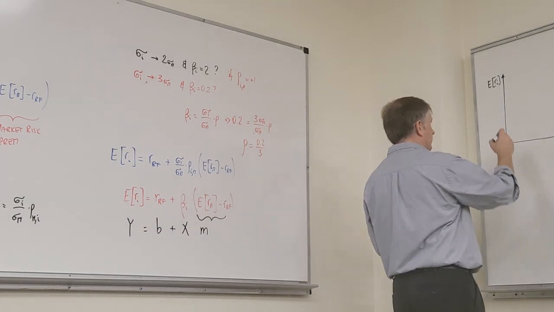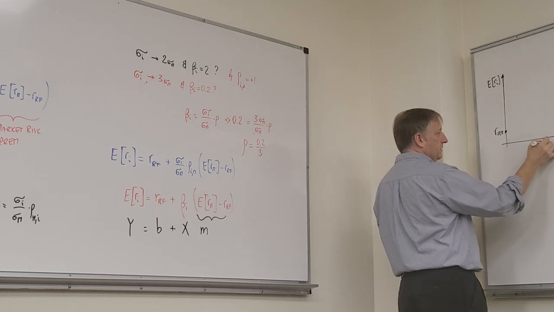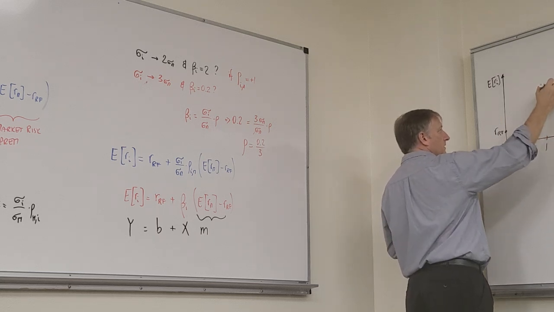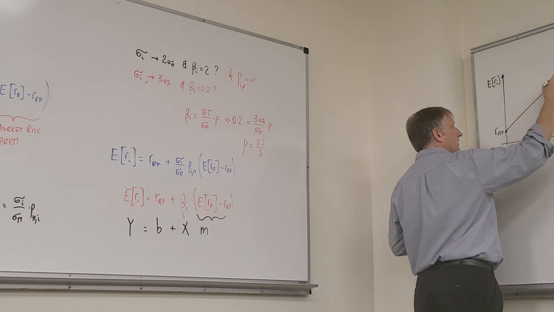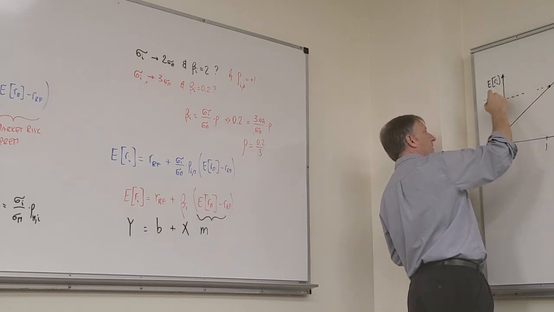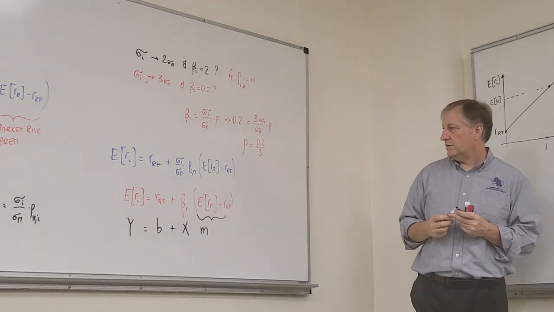So the risk-free rate is the y-intercept. When beta is 1, the asset will produce a return of Rm. And the slope is the market risk premium, the slope of this line.